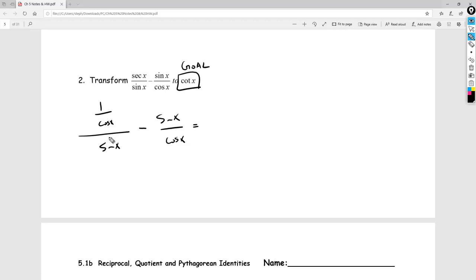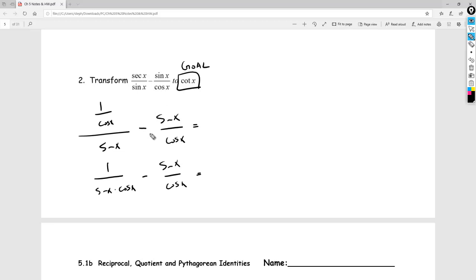When I work with my complex fraction here, I know that dividing by a fraction is the same thing as multiplying by its reciprocal. So if I multiply by my reciprocal, I'll end up with 1 over sine times cosine, minus sine of x over cosine of x. From here, when I'm working with fractions, and especially with trig, my goal will be to get a common denominator.